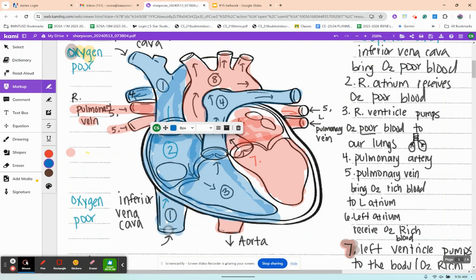So if you guys notice here, pretty much the right side of her heart receives oxygen-poor blood and pumps it to her lungs. And then our left side of the heart receives oxygen-rich blood as it returns from her lungs, and then it goes to the rest of her body.